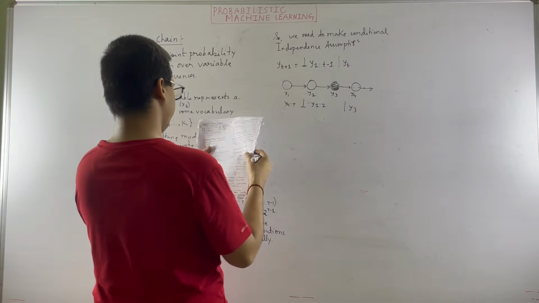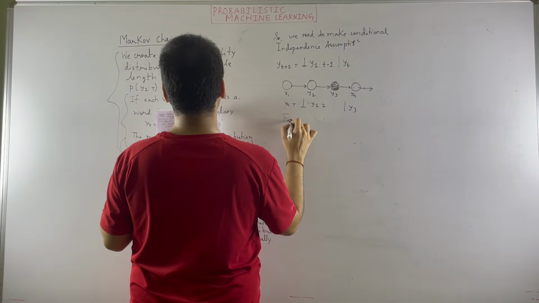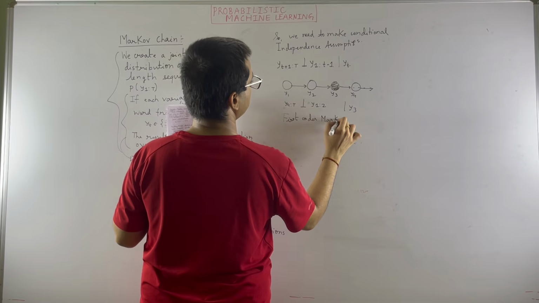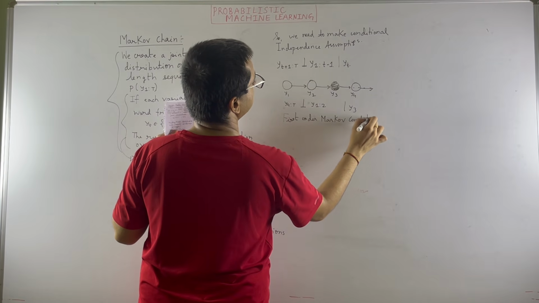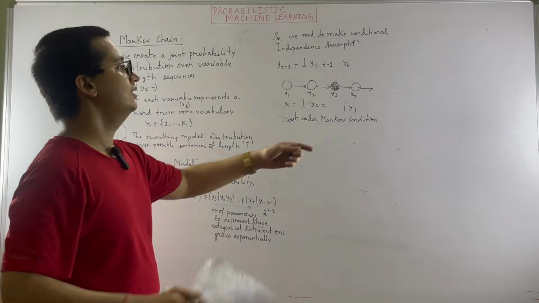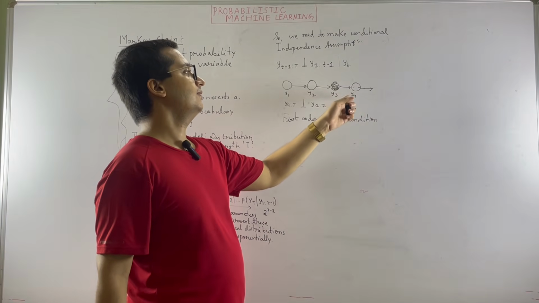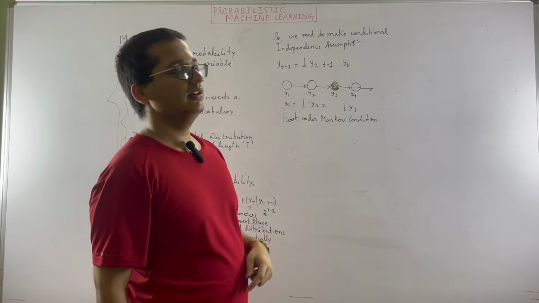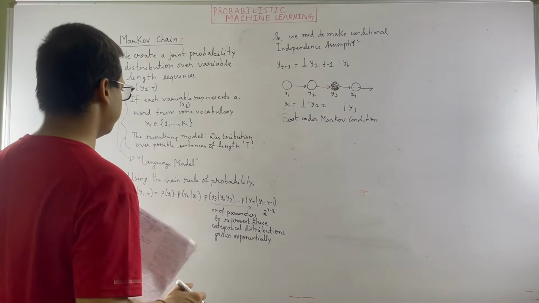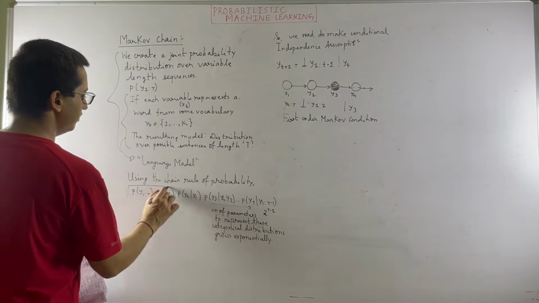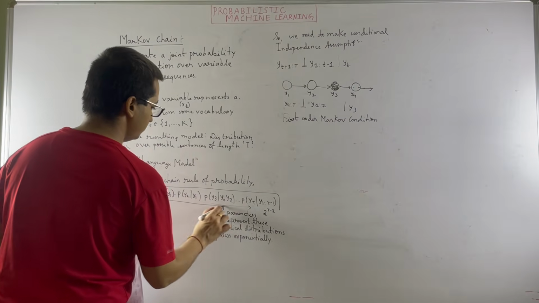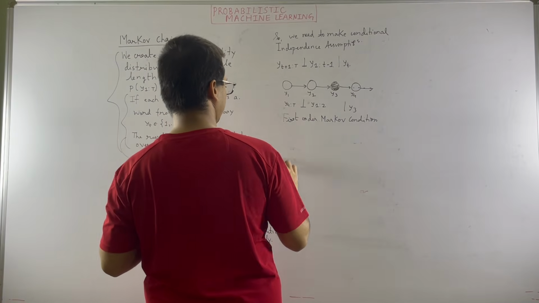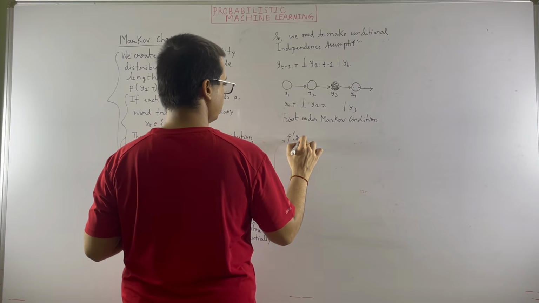So this is the first order Markov assumption. That means conditioned on y3, I can find the distribution of y4. If I condition on y3, I do not need to take into consideration y1 and y2. This joint will then become simpler.